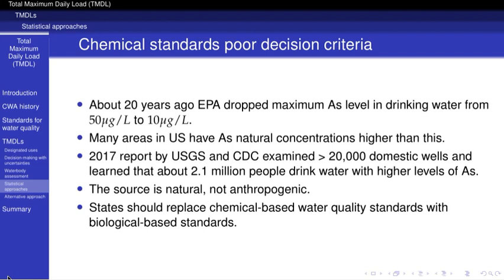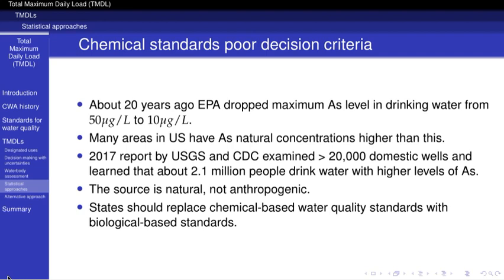In Oregon, counties range from 0 to 5,000 people drinking water with greater than 10 micrograms per liter. Clark County in southern Nevada has more than 5,000 people drinking water with arsenic levels greater than 10 micrograms per liter in some domestic water wells.